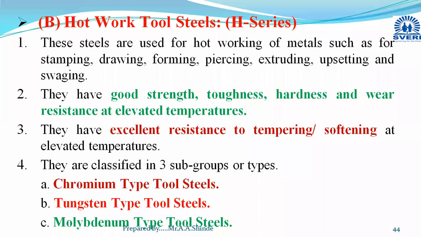And when tungsten is the principal alloying element, then those hot work tool steels are termed as tungsten type tool steels. And when molybdenum is the principal alloying element, then that hot work tool steel is termed as molybdenum type tool steel. Okay, one by one, we will discuss all these three types along with their composition, properties, and specific applications.